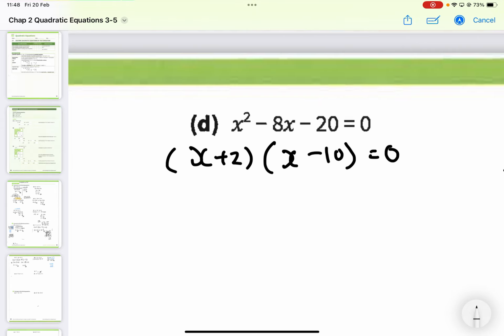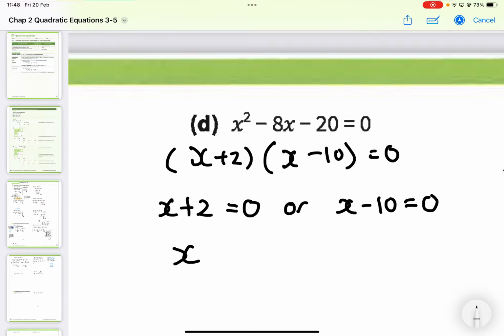We have done this before. Either the first bracket is 0 or the second bracket is 0. So I must write down either x plus 2 equals to 0 or x minus 10 equals to 0. I must have both. Okay? In your exam, you must answer with both answers.